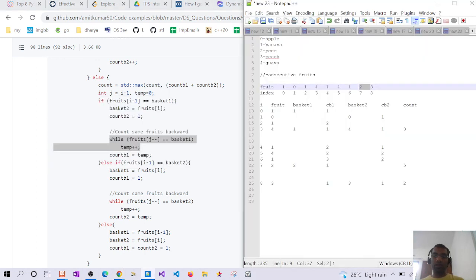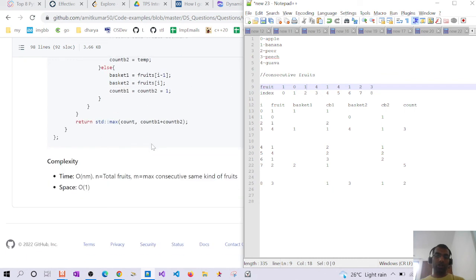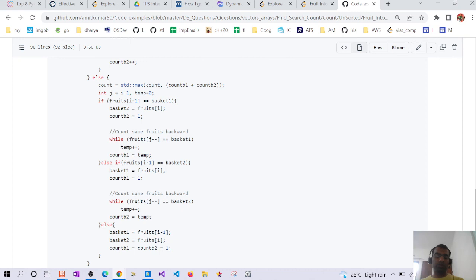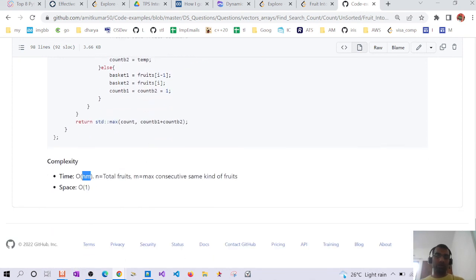For example, when I reach here, I'm just traversing back to check how many consecutive type 1 fruits exist. And since these are in different if-else statements, for the time complexity we will take either one of them. So that's why it is O(n).